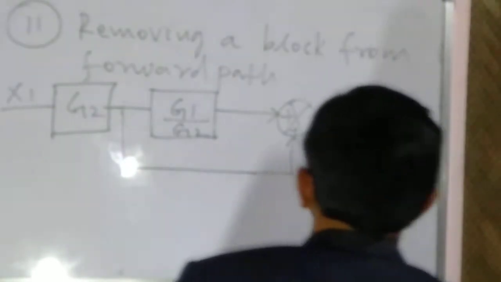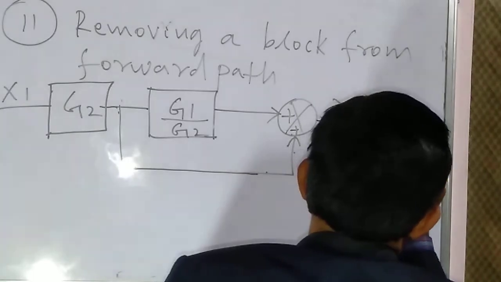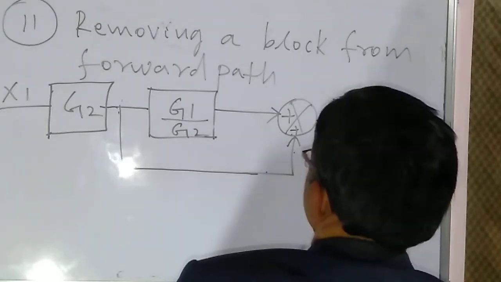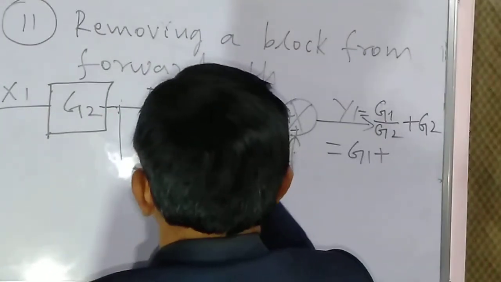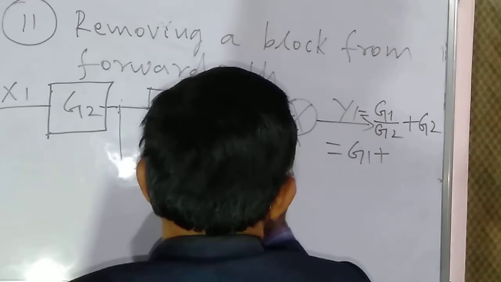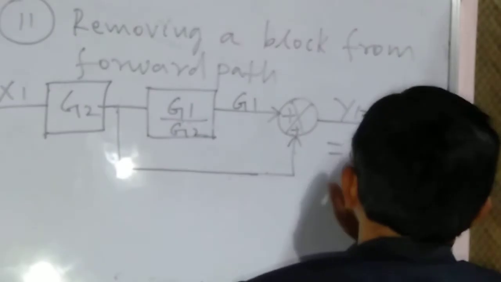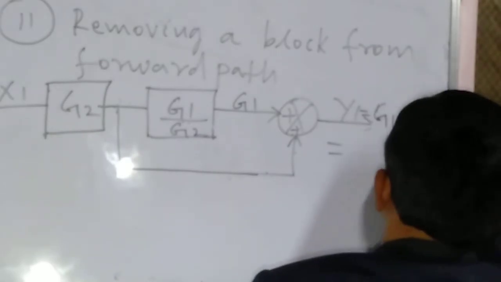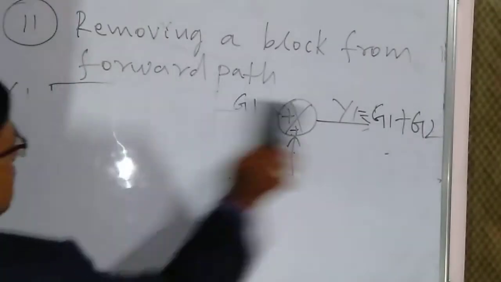So which is equal to, sorry, here the output will be G1 and here G2. So we are getting the same output, that is G1 plus G2. Therefore, this rule is also valid.